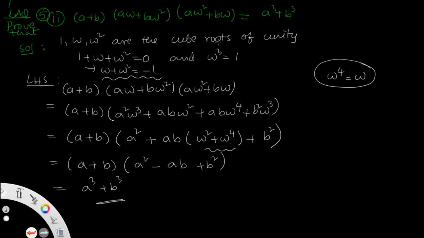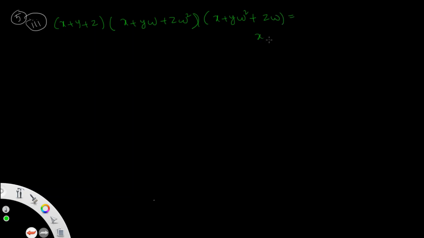This is the same thing as the third question given. Fifth bit, third question: 1, ω, ω² are the cube roots of unity. Then prove that (x + y + z)(x + yω + zω²)(x + yω² + zω) = x³ + y³ + z³ - 3xyz.